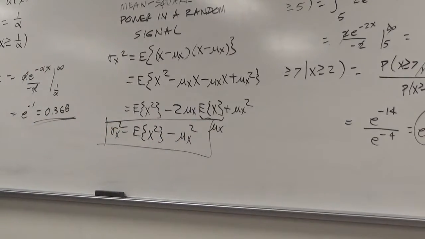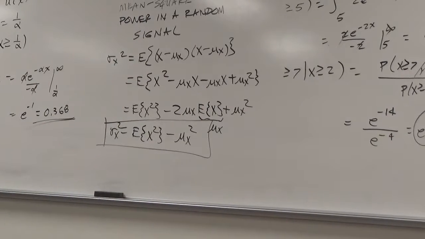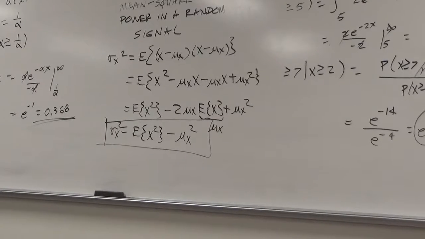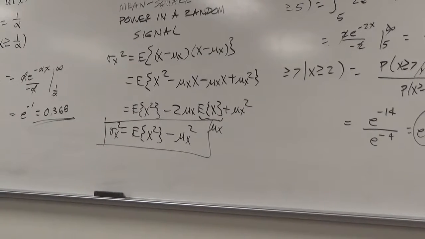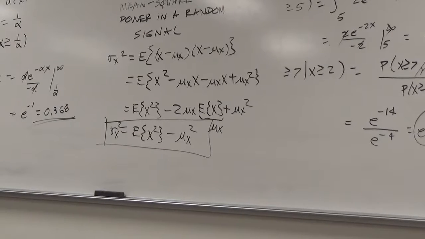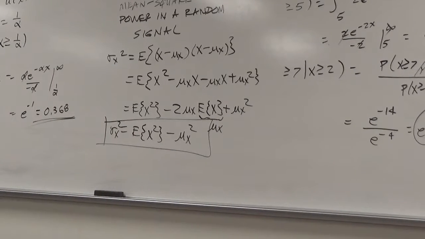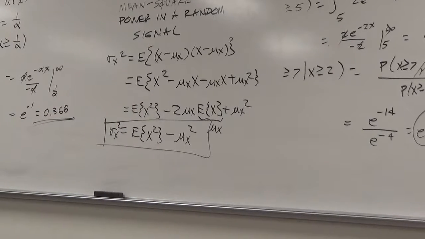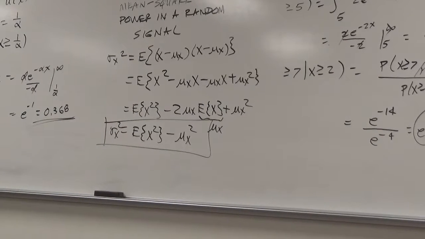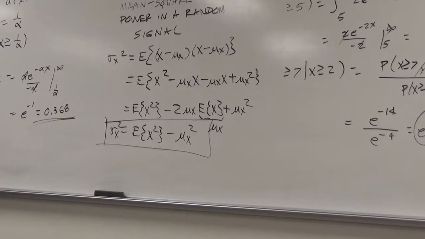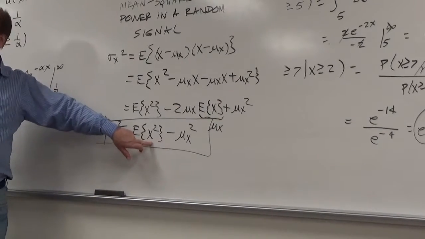You have to be careful when you read this formula. The variance is the mean square minus the square of the mean. Be careful. The mean square is the expected value of x squared.